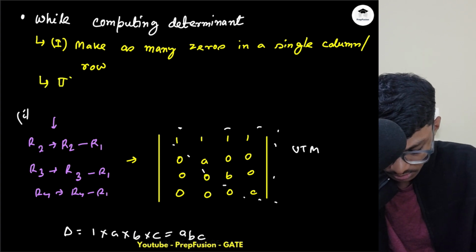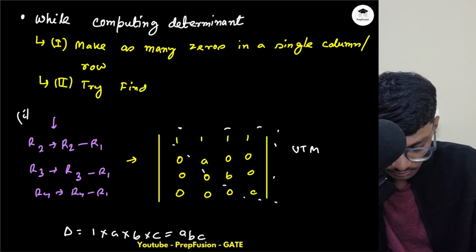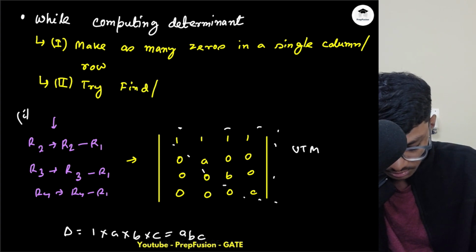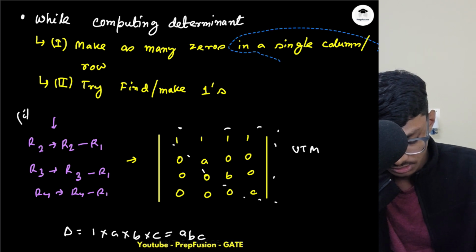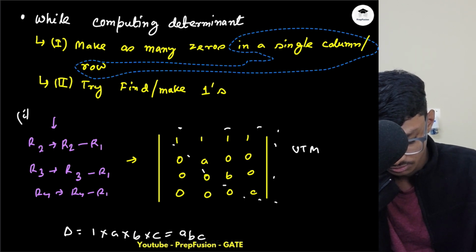And then the second aim should be to try to find/make ones, in the same thing only, a single column or row.